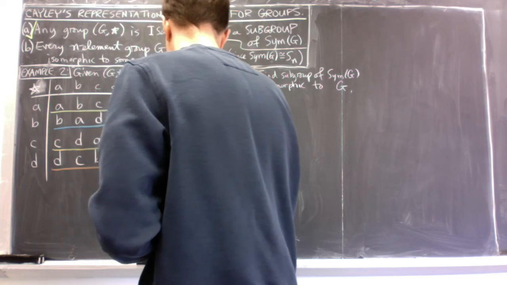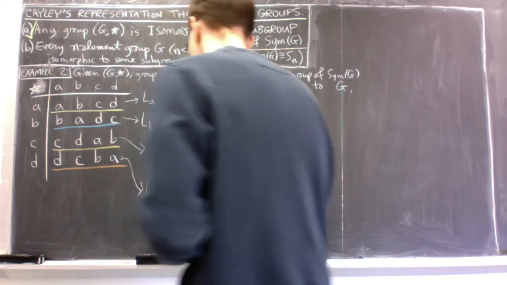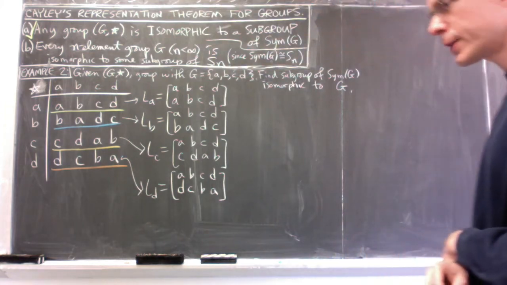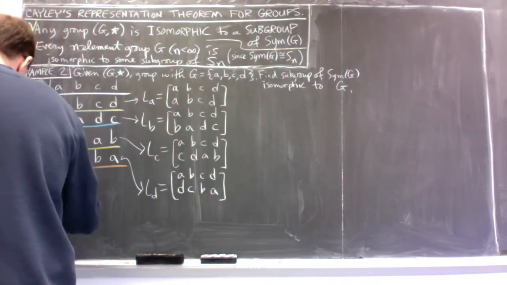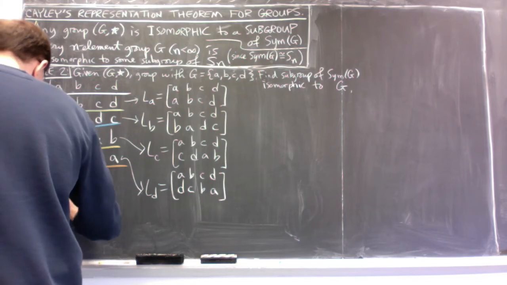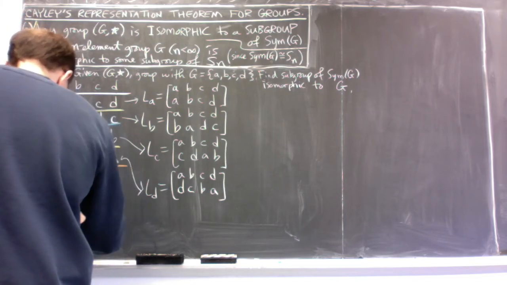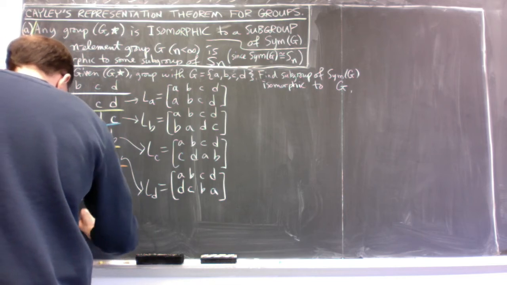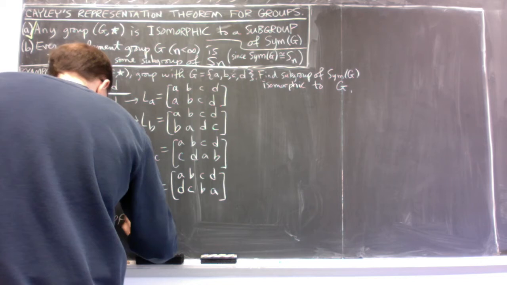And finally, left multiplication by D gives me D, C, B, A. All in two-line form. And so G is going to be basically isomorphic to this set of L_A, L_B, L_C, L_D, which is a subgroup of Sym(A, B, C, D), permutations of those 4 letters.